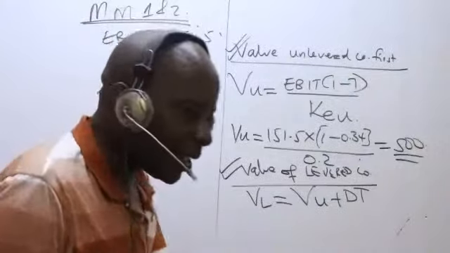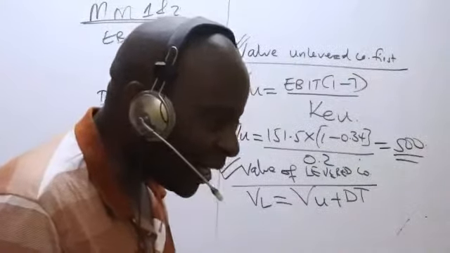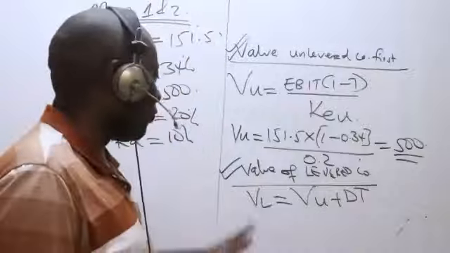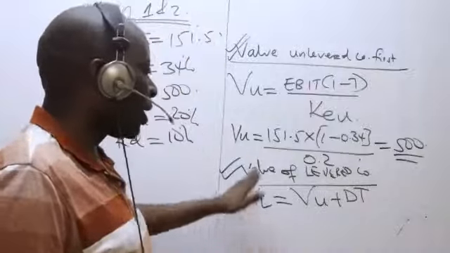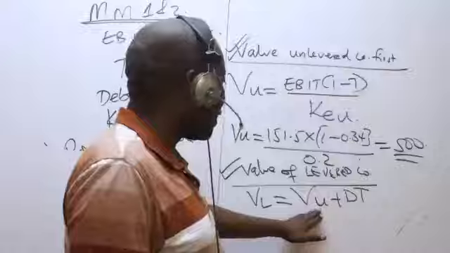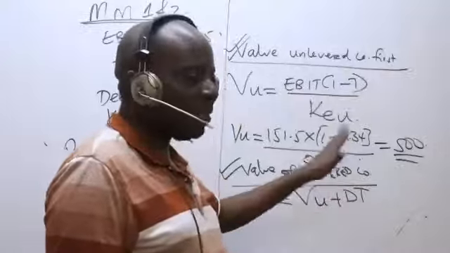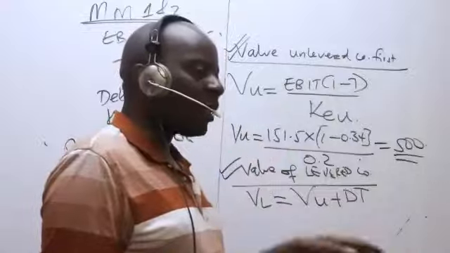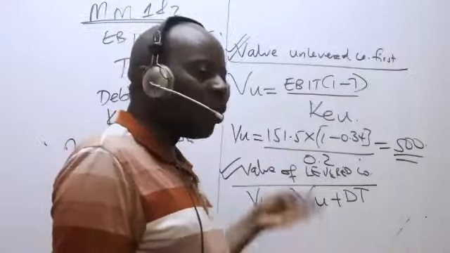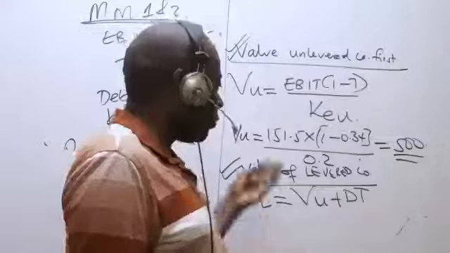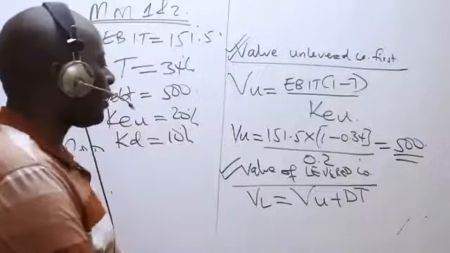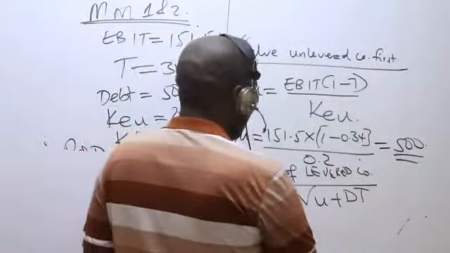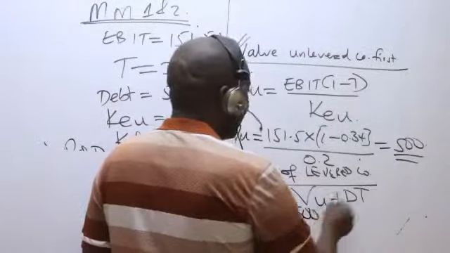So we have here value of a levered organization equals value of unlevered plus debt times T. It doesn't matter whether it's MM1 or MM2. This is the formula we always use. And you guys have told me that value of unlevered here is 500, the one that you got up here.